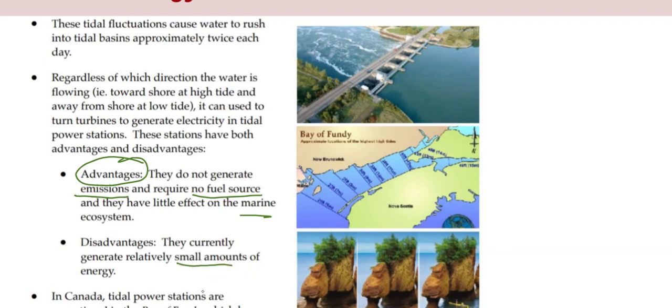In Canada, we have one power station like this in the Bay of Fundy. If you've ever been there, there's a picture of the Bay of Fundy. You can walk around underneath here, and then later, you can see the water level goes right up there. If you ever have a chance to go check it out, I can't remember what it is, 15 meters.